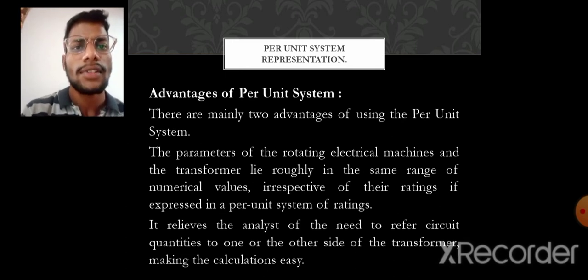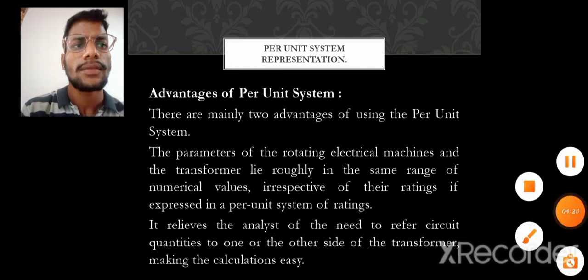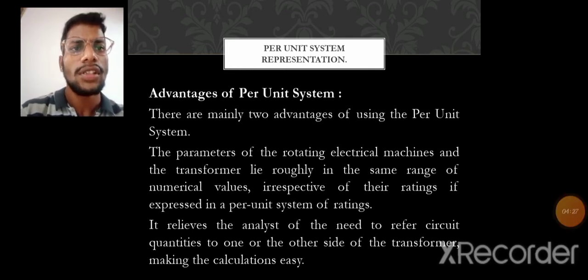And it relieves the analyst of the need to refer circuit quantities to one or the other side of the transformer, making the calculations easy.